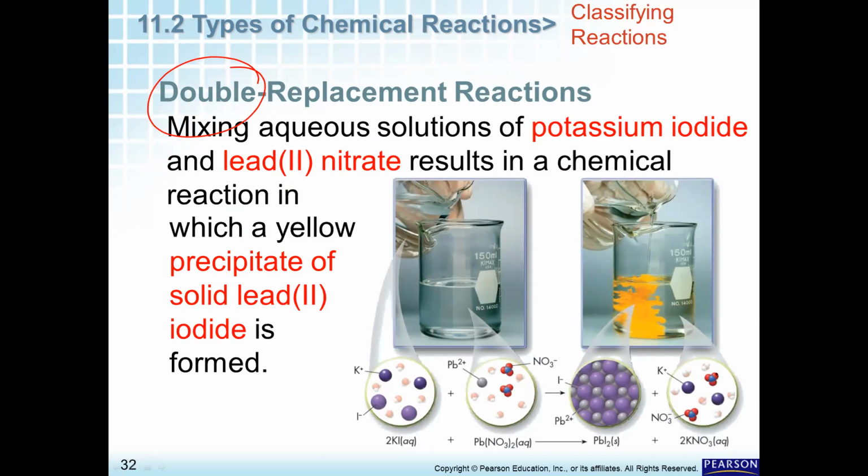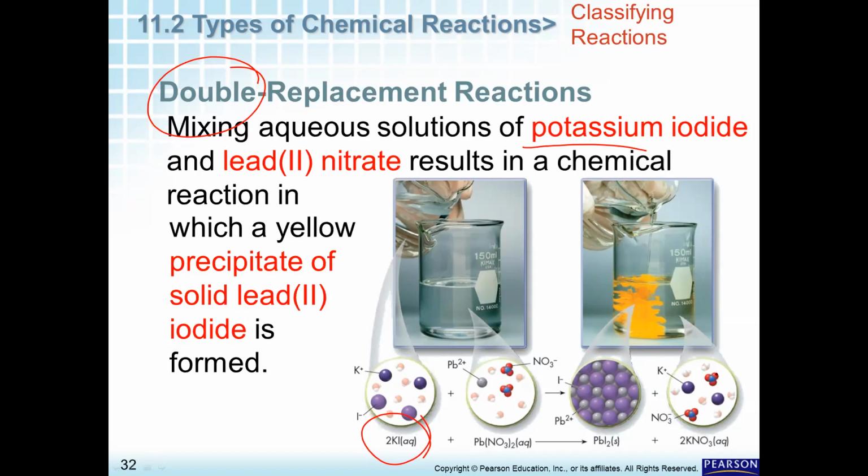For example, when you have potassium iodide, KI, it is an ionic compound. Why? Metal with non-metal, as we know, right? KI is aqueous, meaning soluble in water, because it is an ionic compound. Lead nitrate, which is Pb(NO3)2, is also an ionic compound.